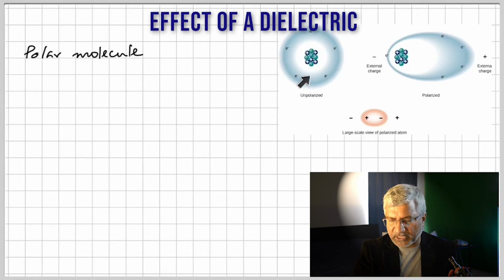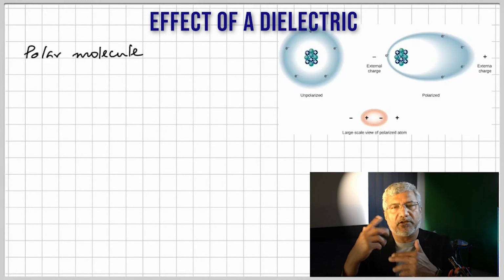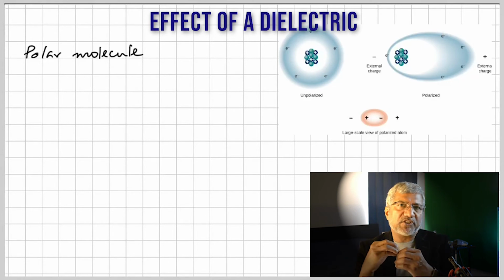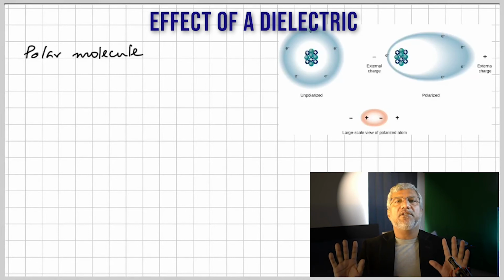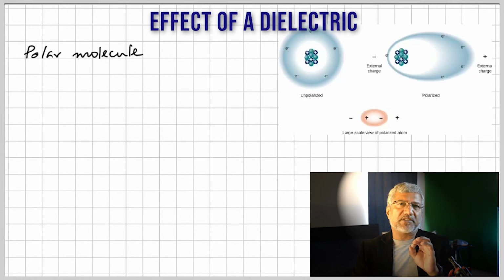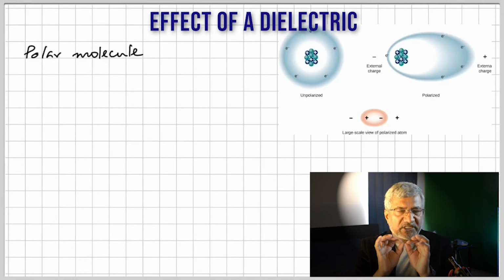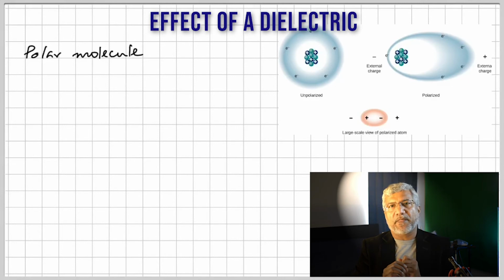Then you have all the electrons revolving in particular orbits, but they also have a center which normally coincides with the center of the positive charge. So the centers of the positive charge and the negative charge coincide. Not only are the charges equal, they are also situated at the same spot, so there is perfect cancellation.